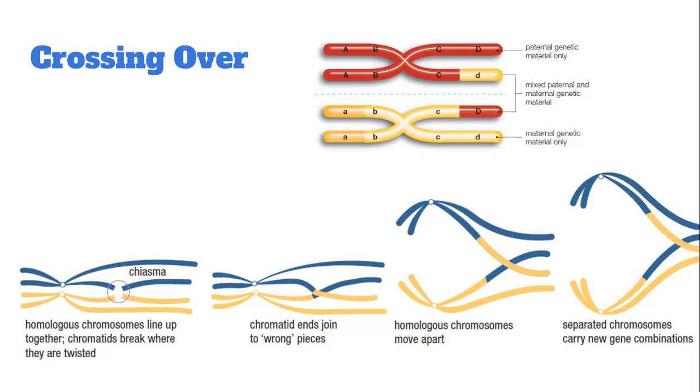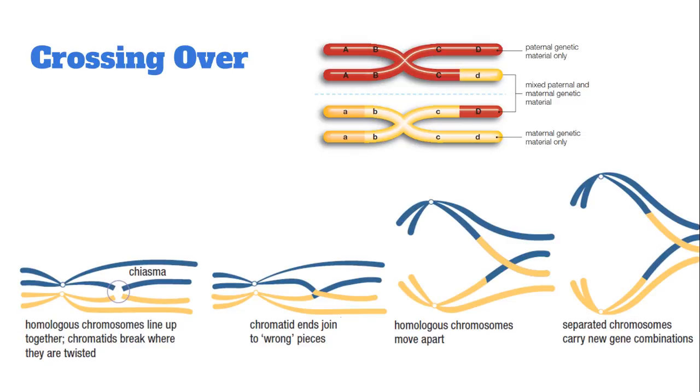So here we have a diagram which shows us this process. We can see that the homologous chromosomes line up, and they in fact line up with the chromatids in the one line, and then there is a chiasma, which is a break in the chromosomes.